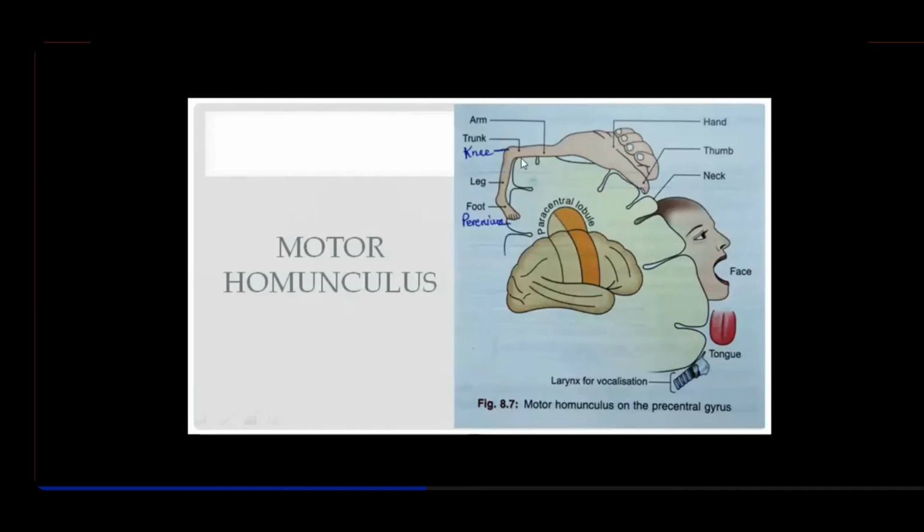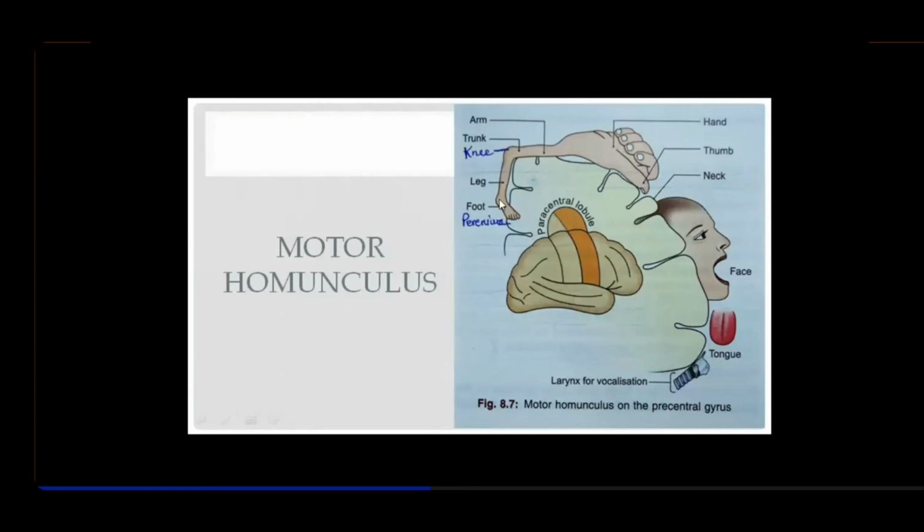Then, another important thing is that the dominant blood supply on the superolateral surface is by the middle cerebral artery. Okay, and onto the medial surface, its dominant blood supply is by the anterior cerebral artery. And that anterior cerebral artery also perfuses around 1 centimeter to 1 inch of the border of the superolateral surface adjoining the superomedial border.